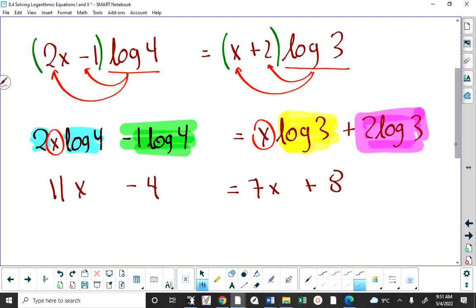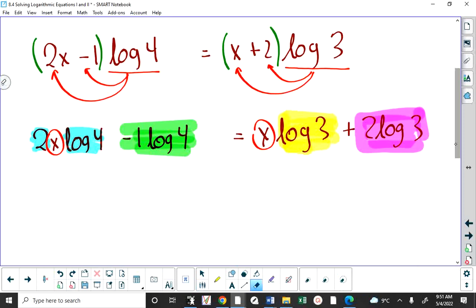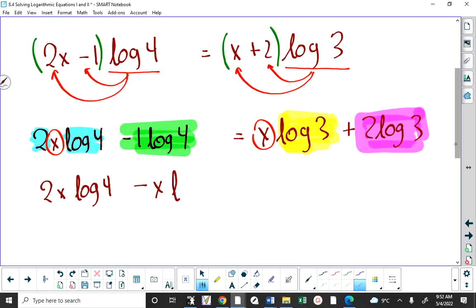And that's what we're going to do here. I'm going to move the terms that have x to the left-hand side. So I'm going to get 2x log 4 minus x log 3 equals log 4 plus 2 log 3.